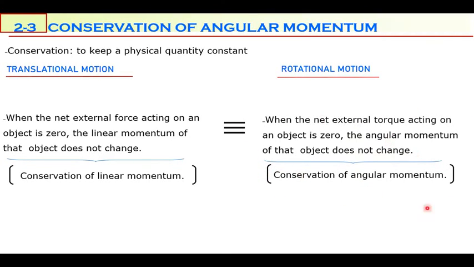This sentence is so simple, but when I ask questions, it becomes somehow difficult. Angular momentum can change only with torque. If no torque acts on an object, its angular momentum cannot change. It stays constant. If it is 10, it stays 10. If it is 20, it stays 20. If it is 0, it stays 0. So no net torque, no change in angular momentum.